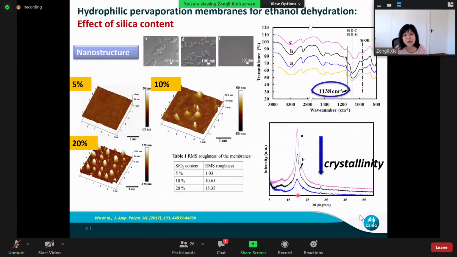We also learned how the silica content plays a role in this. Obviously, when we add too much silica oxide, it changes the membrane crystallinity and also the membrane surface properties, like surface roughness and hydrophilic property. When we add too much, we get agglomeration and phase separation, which is a significant drawback for mixed matrix membranes.